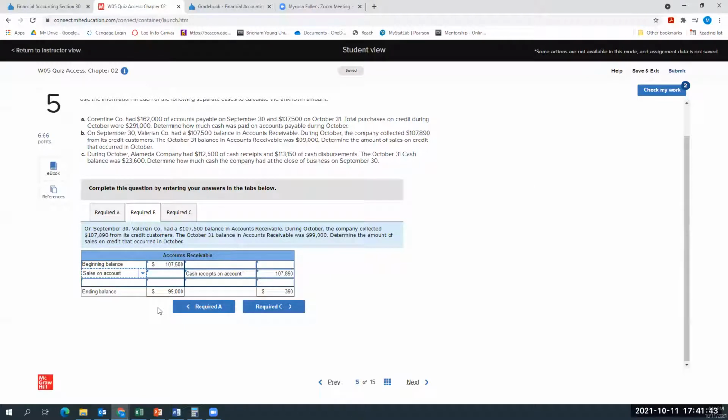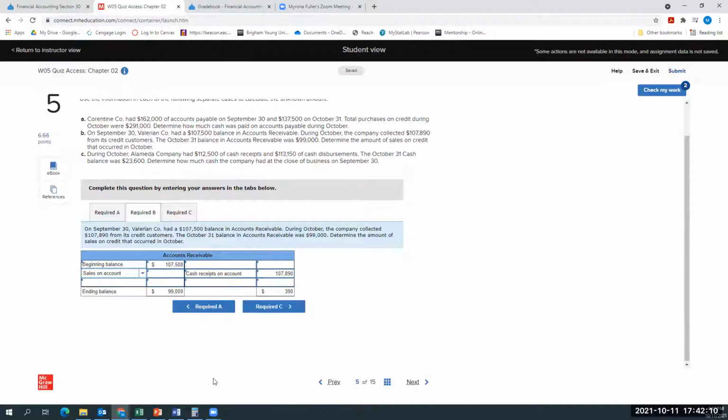There's a couple ways to think about this, but right now these two lead to a credit balance of 390, which, just bear with me, if I were to put 390 here, would make both sides equal. So what I really need to do is figure out how much I have to add to have my answer come out to 99,000.